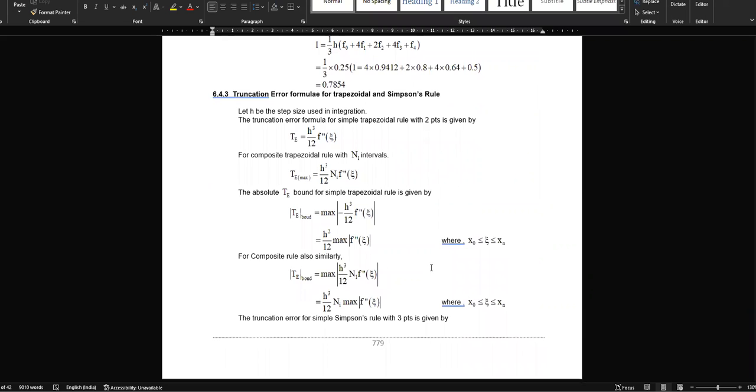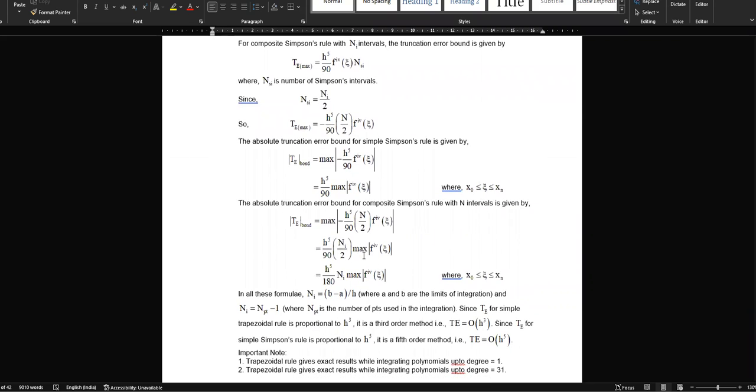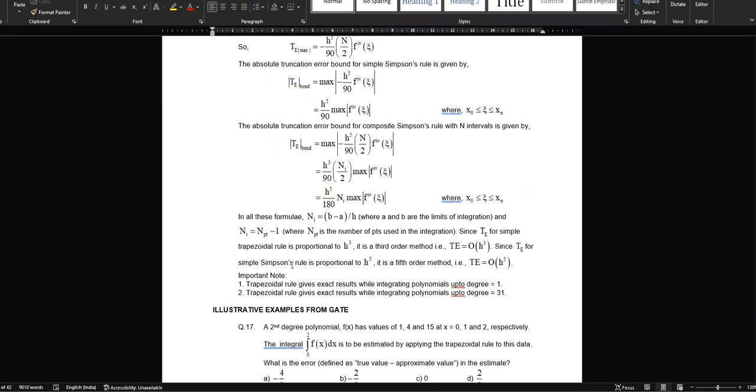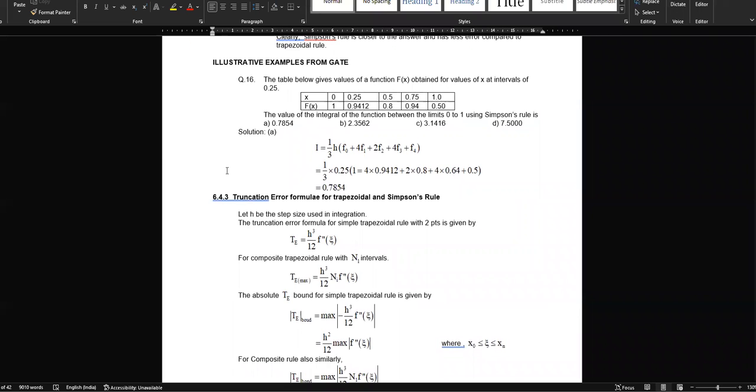Now, truncation error formulas, we will go through once, very quickly, and then we'll go for problems.